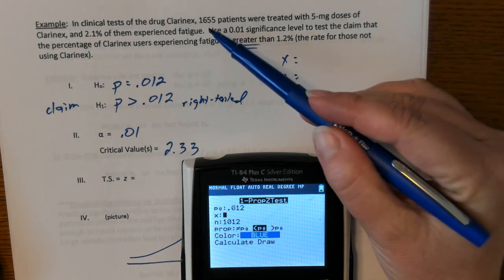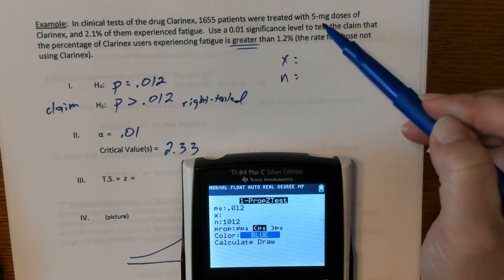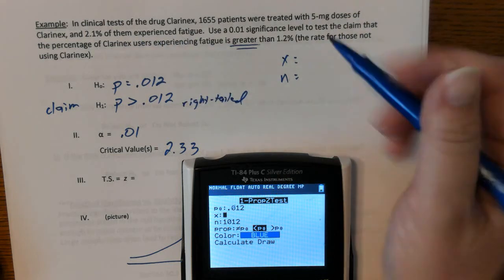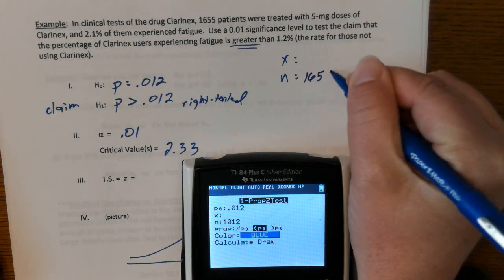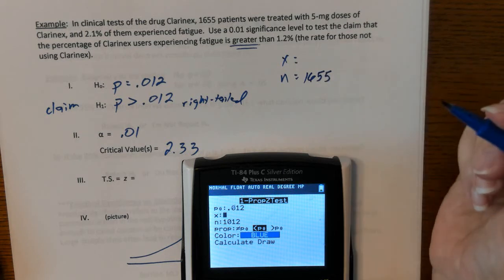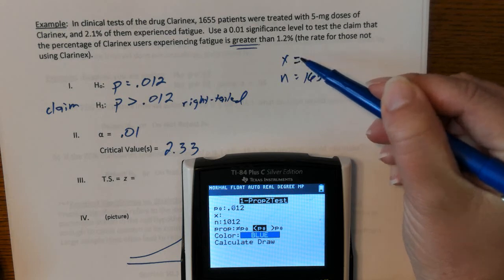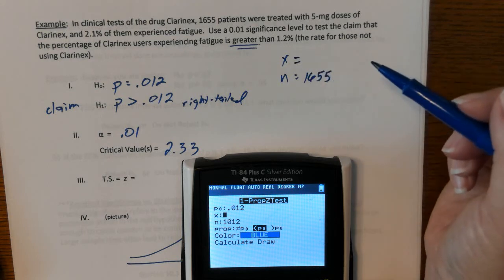They say 1,655 patients were treated and 2.1% of them experienced fatigue. Okay, well, then the N is 1,655. That's how many patients got the medicine. But they did not tell us how many experienced fatigue. So we're going to have to do a little thinking about that, okay?